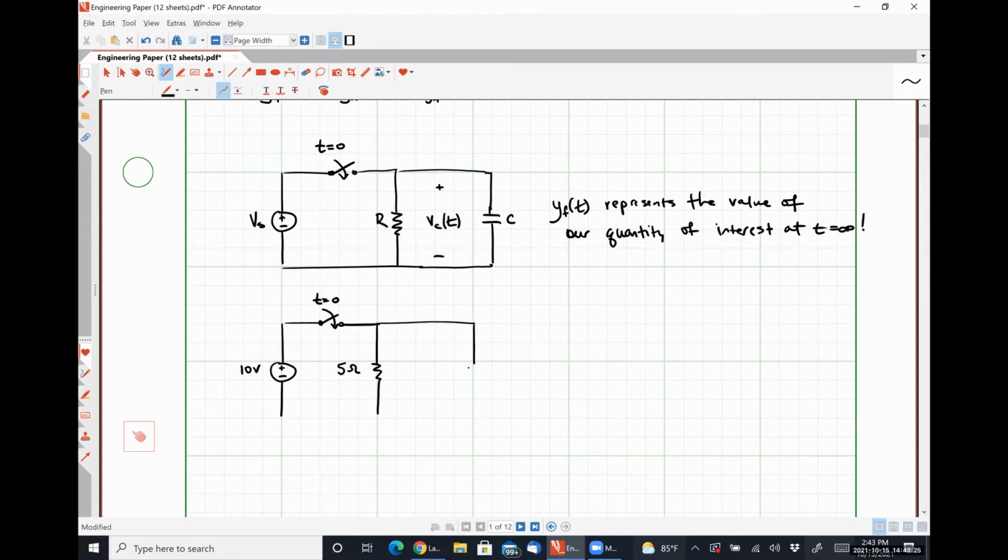and let's call this a 100 millifarad capacitor. And let's say that we are interested in this capacitor voltage VC as a function of time.